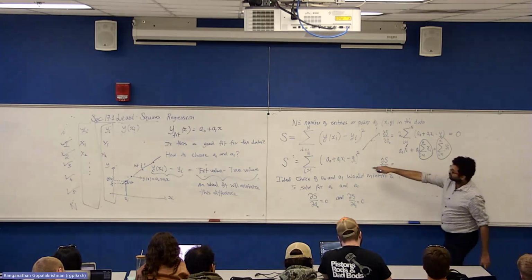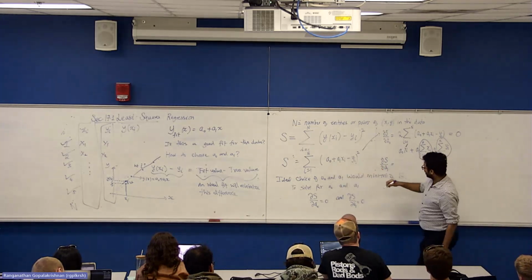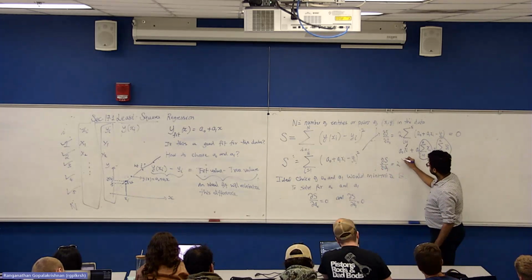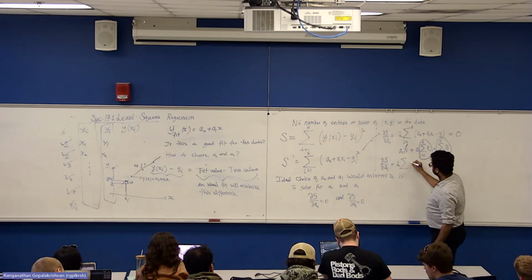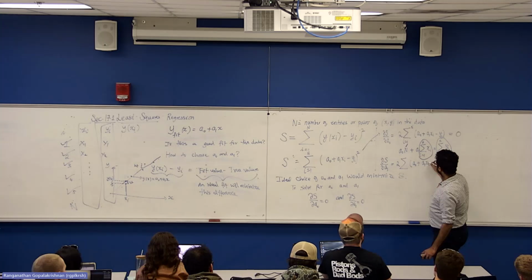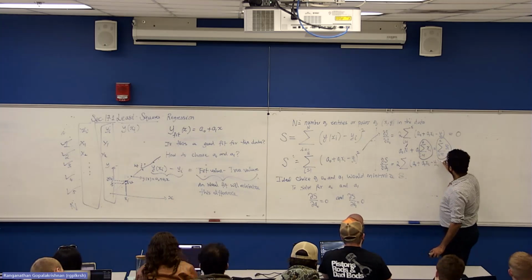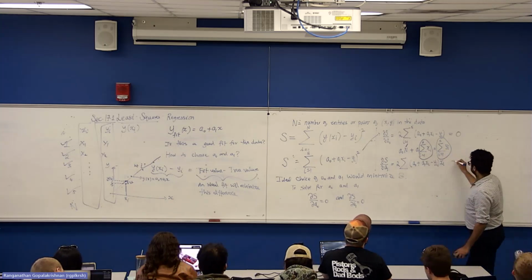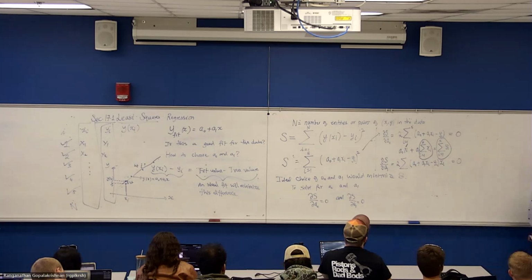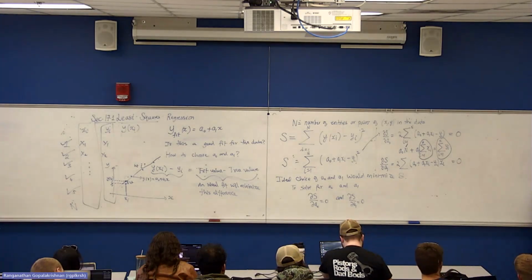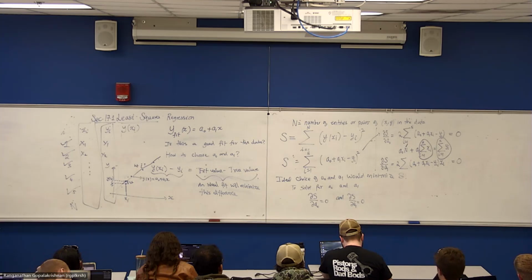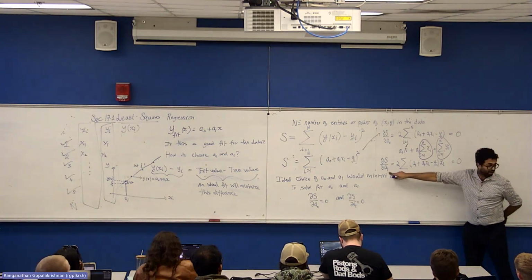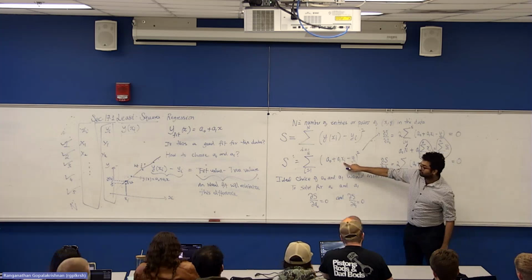So this expression differentiated with respect to a1 would be 2 times summation of (a naught plus a1 xi minus yi) times xi equal to 0. Why did I get this times xi? Because we are differentiating with respect to a1, and a1 has a coefficient xi.